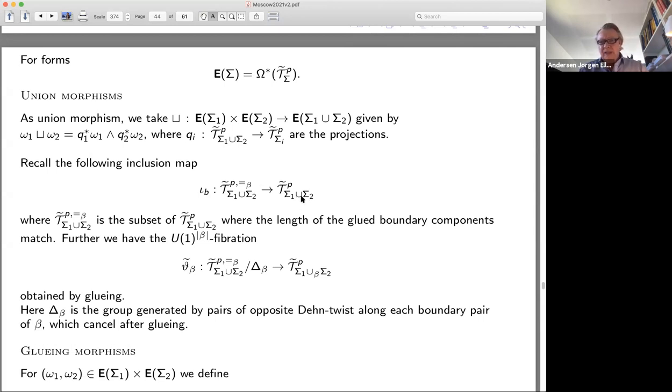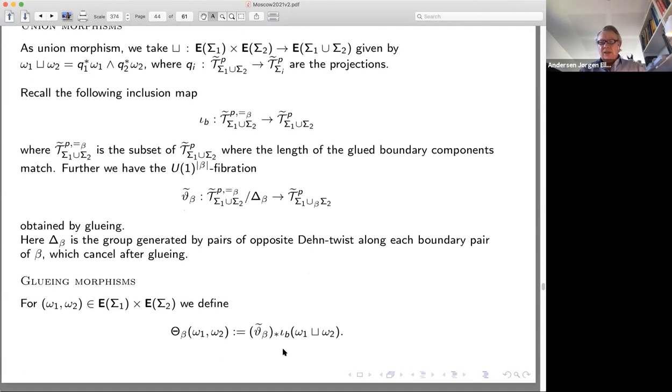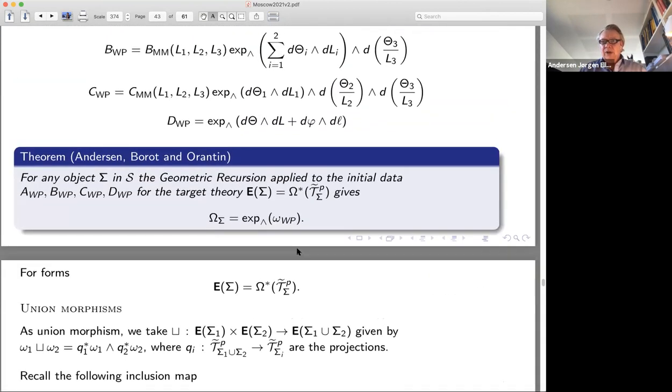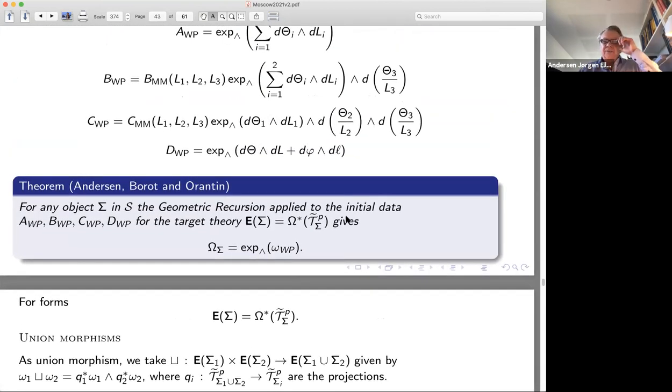So there should have been a little beta up here. Sorry, that's missing. Oh, no, sorry, it comes here. So this is just inclusion where the boundaries agree. And then down here, I have this circle fibration. So the idea is simply that you wedge the two, pull the two forms back, wedge them together, pull them back to the subvariety where they agree, and then you push forward with respect to the circle fibration. And so that's the morphism which you have to apply to these forms here.